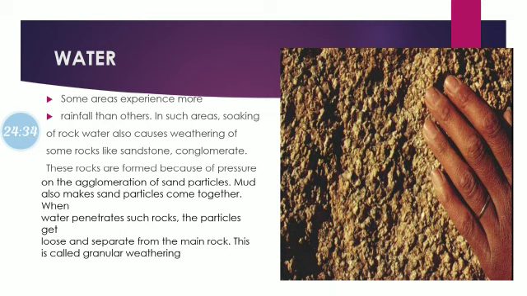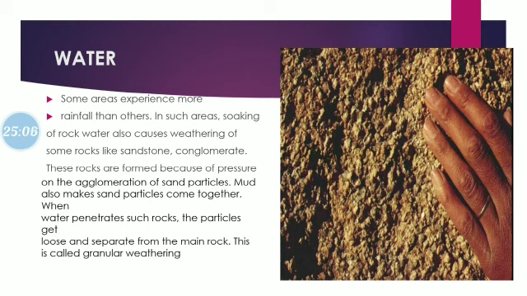See, in areas with high rainfall, the rainwater penetrates rocks like sandstone and conglomerate. Water goes into the rocks because they are soft rocks. These rocks are the result of collection of sand particles due to pressure. Means these are not strong rocks.